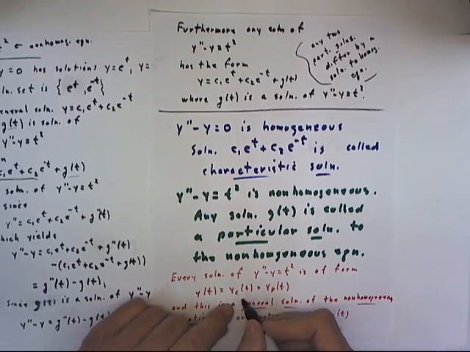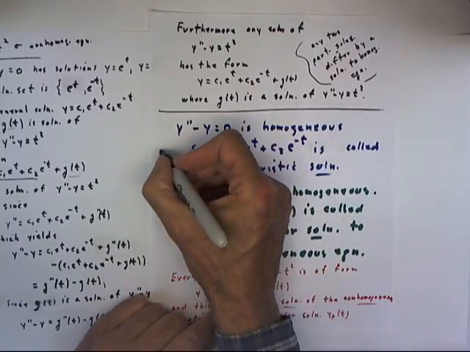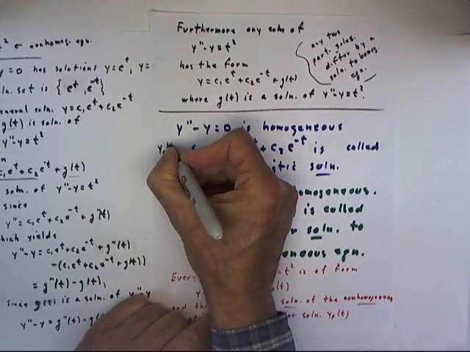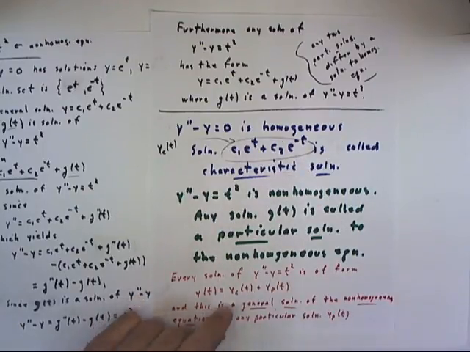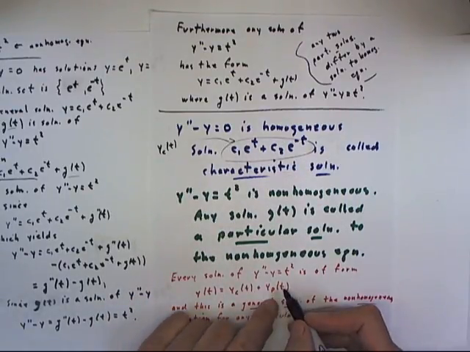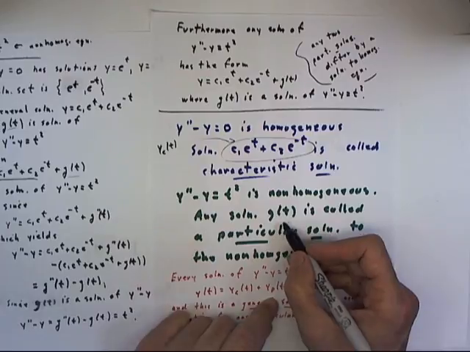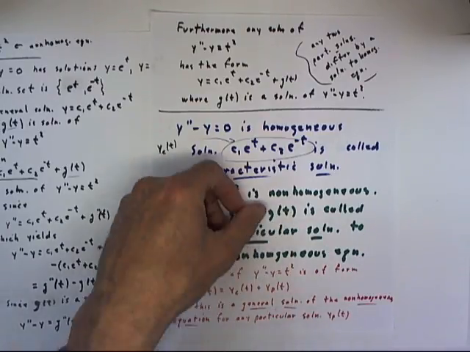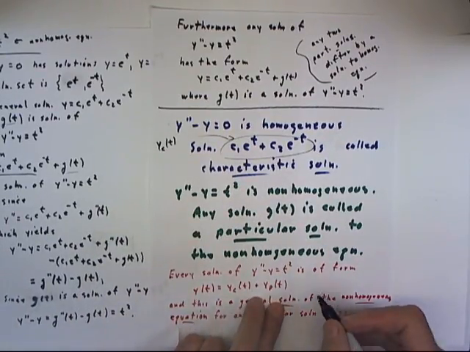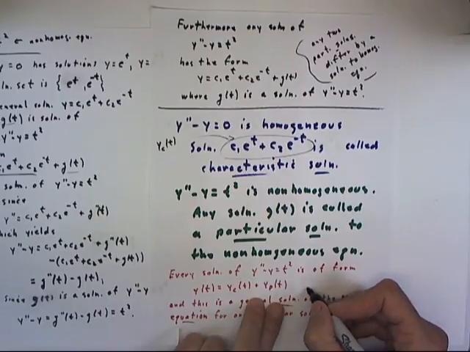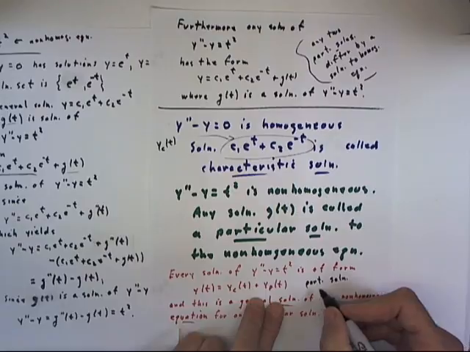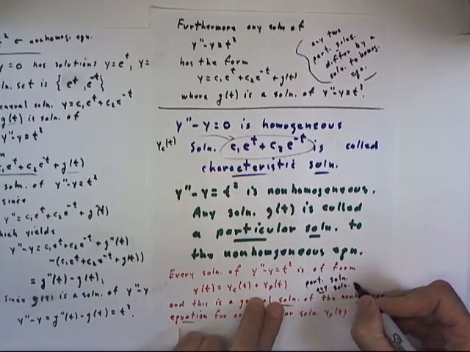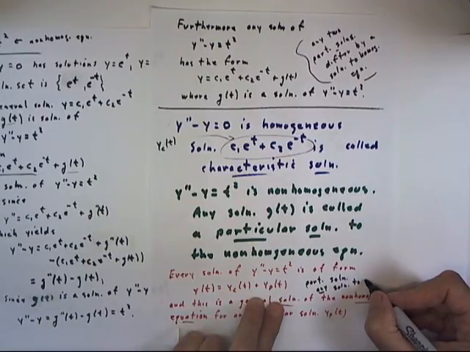So our yc of t is just this, right here. And our yp of t is our solution that we call g of t for right now. A particular solution is any solution to the original equation.